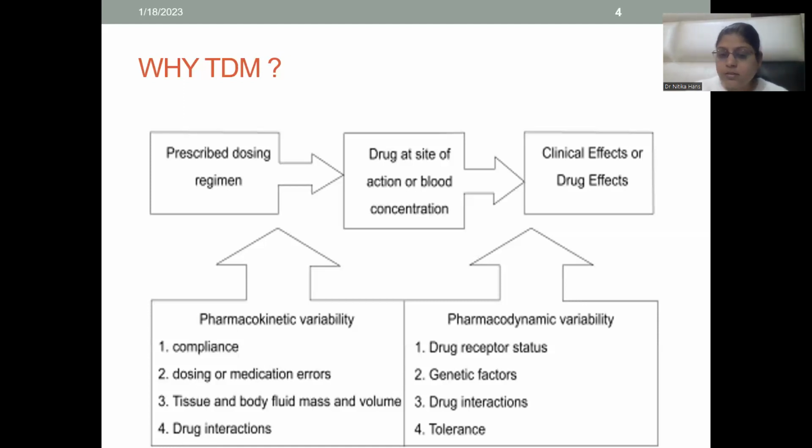And tolerance: when there is repeated dosage of a drug, the patient can develop tolerance to a particular drug. We can know that by therapeutic drug monitoring.